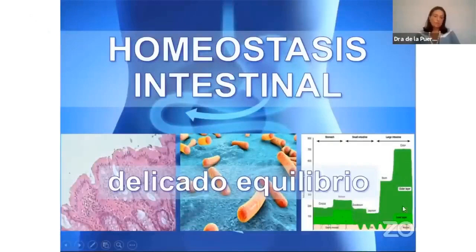The mucus layer that lines the intestinal epithelium houses the microbiota and everything that lives stably in the intestine, protecting the intestinal epithelium and having a metabolic and modulatory function regarding inflammation, which is somewhat what we will discuss today, very important.